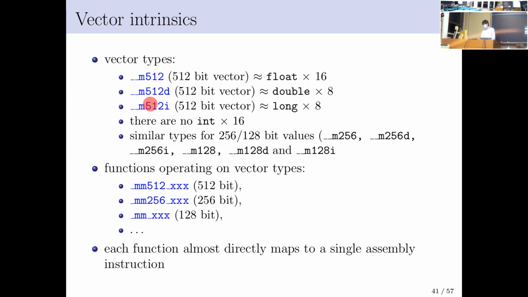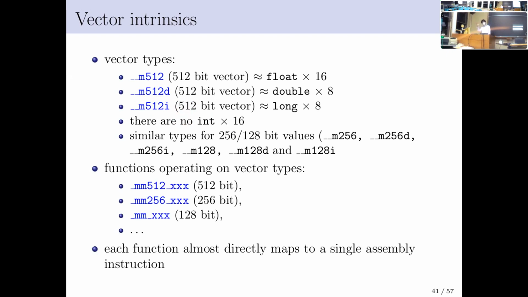So this __m512i is 8 long integers. Strangely, there are actually no 16 32-bit integers. But actually, there are instructions that can operate on this __m512i as if it is 16 integers.